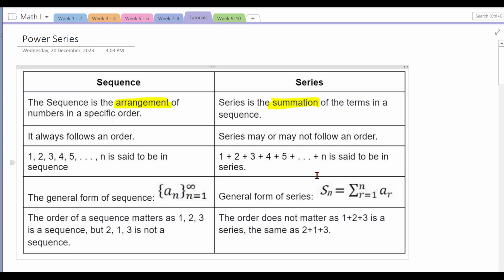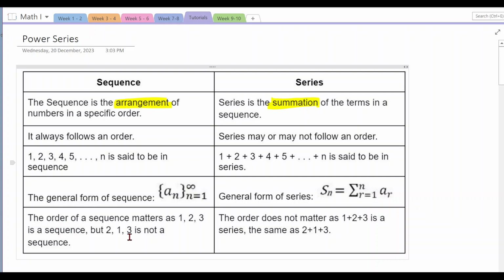Whereas a series is generally represented using this summation notation, sigma from r initial 1, usually until a certain number n or infinity. So a sub r here represents the series. As I said, it can be letter A or sometimes letter U.